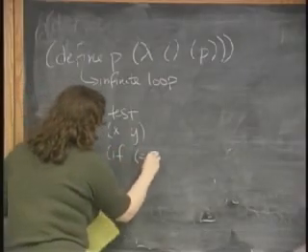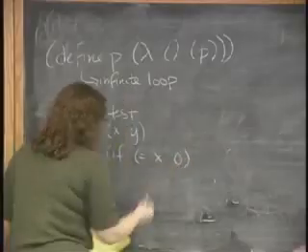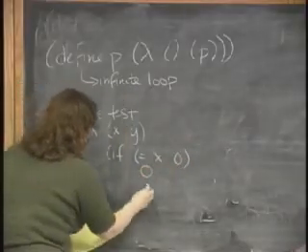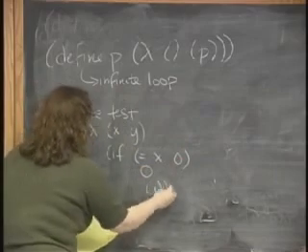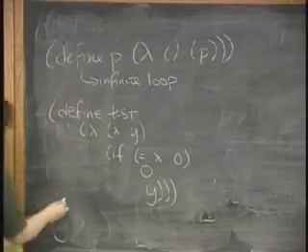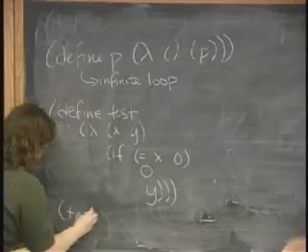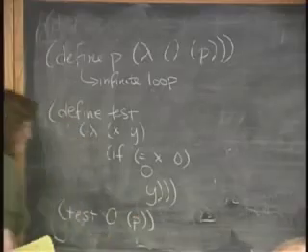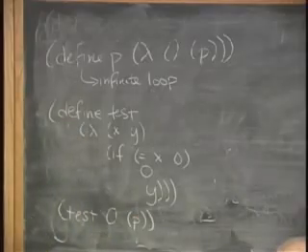The body is, if x is equal to 0, I'm going to return 0. Otherwise, I'm going to return 1. Then, let's call test with parameter 0, and an application of P.